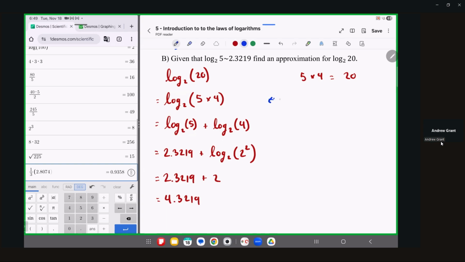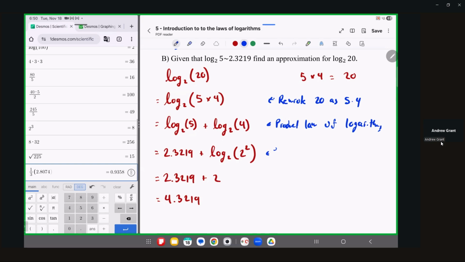So log base 2 of 5 times 4, we rewrote as, I guess we could be a bit more precise, we rewrote 20 as 5 times 4. Next, we used the product law of logarithms. So we broke up the log base 2 of 5 times 4 into log base 2 of 5 and log base 2 of 4.